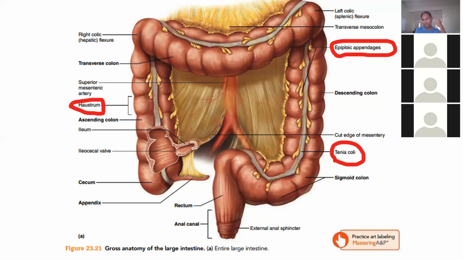Therefore, if there is any obstruction in the ascending colon or transverse colon here, the cecum can easily get distended because it is a one-way valve. It cannot go forward anymore. It has backward pressure and it cannot come back into the ileum because of the competent ileocecal valve, and therefore the cecum can get perforated. So be a little bit careful with cecal perforation, because of obstruction in the ascending or transverse colon.